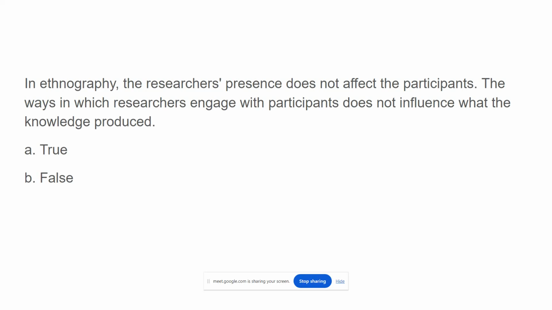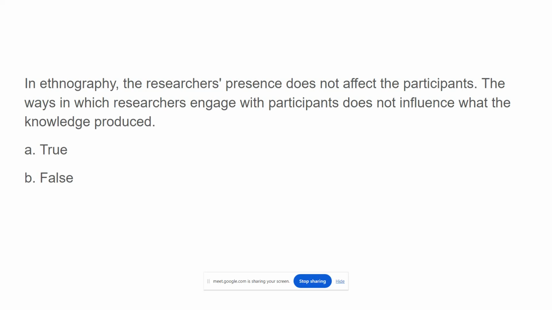The people being researched might use the app very differently at the comfort of their home, compared to while being monitored. So the researcher's presence definitely, 100%, puts an effect on the participant. It puts a lot of influence on the participant.